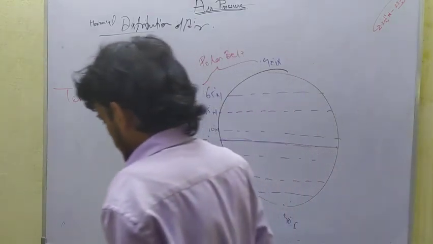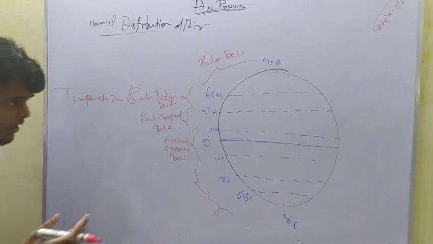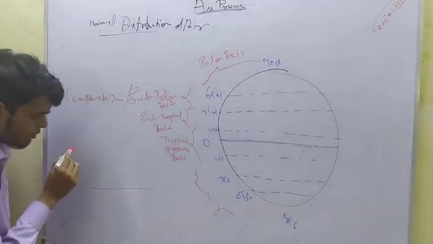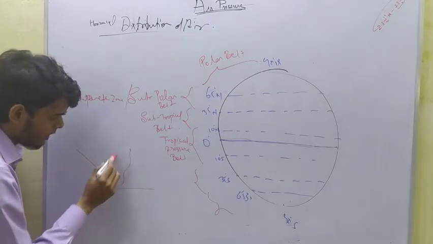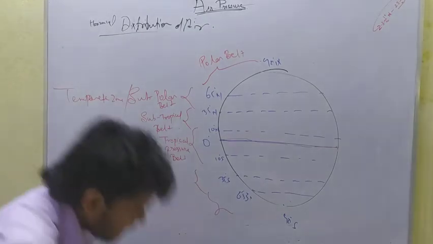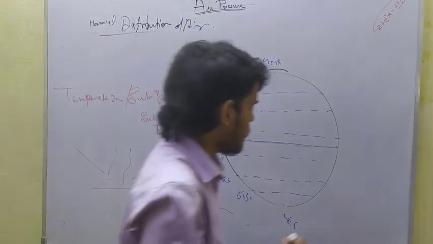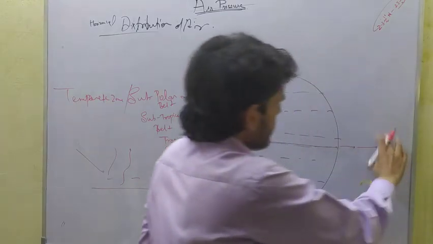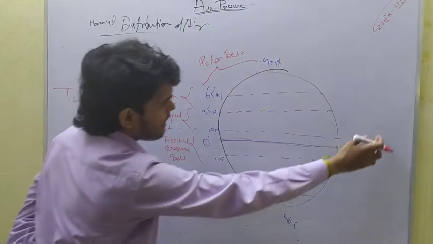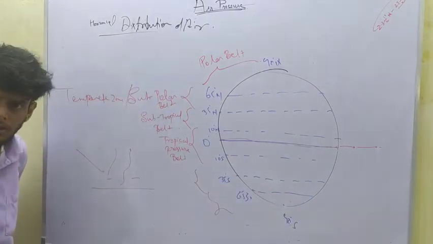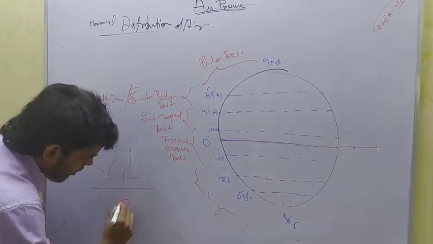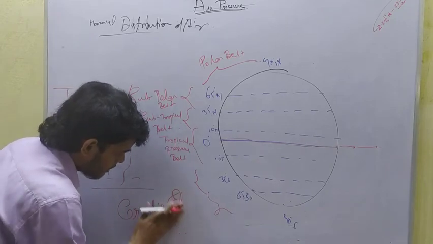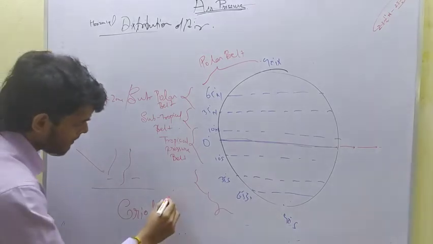This causes very low pressure in this region, because when solar radiation is high, air moves upward, thus creating low pressure. That is why upwelling of winds occurs here. At a certain height, winds diverge in the left direction and the right direction because of the Coriolis force, or Coriolis effect.